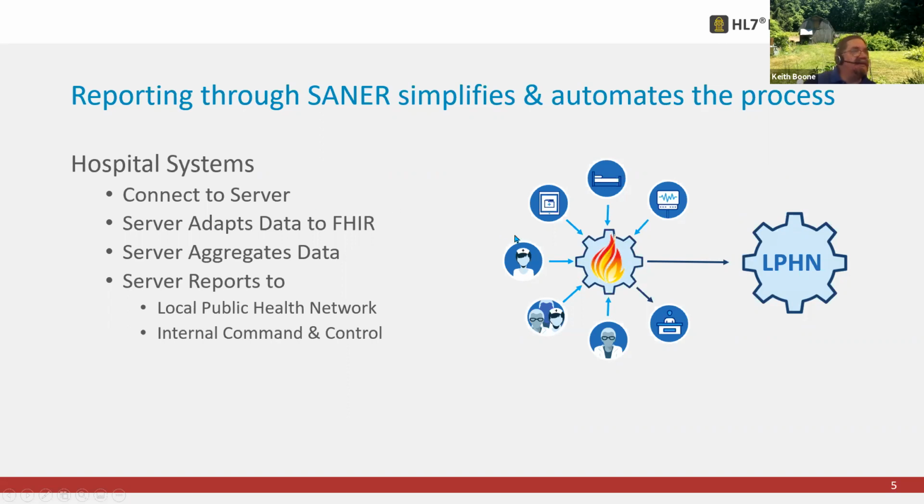And what that server does is it adapts the data that's given to it by these external systems to a FHIR measure report, is capable of aggregating data from multiple sources into a report, which you can then publish out to some sort of local public health network or internal command and control systems so that the hospital can have an understanding of what's going on inside the hospital as well. That gives that first step of being able to report the data.